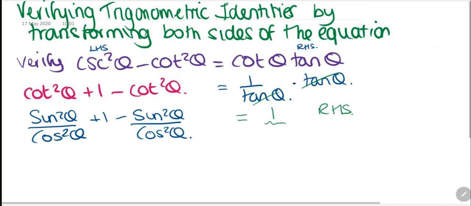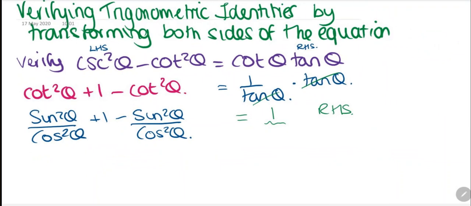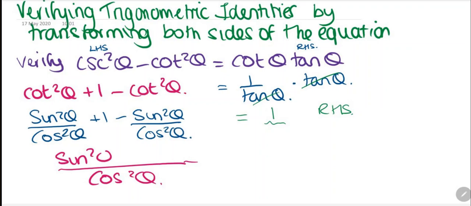Now I want to put all my values over the same denominator. So if I multiply the 1 by cosine squared, so I can put it all over cosine squared, I'll have sine squared theta plus cosine squared theta minus sine squared theta.